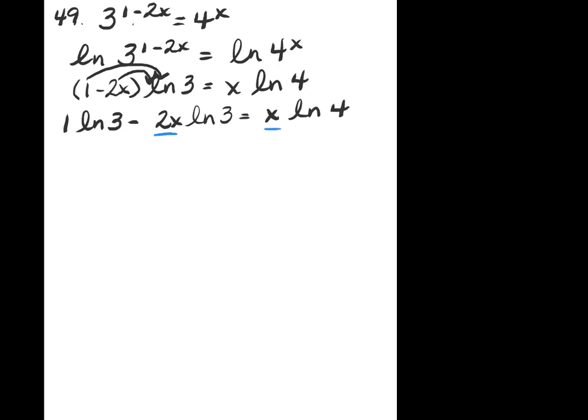So I need to make sure they're on the same side. I have this subtraction sign, so I'm going to add that whole term to the right. So the natural log of 3 equals x ln 4 plus 2x ln 3. And then I'm able to factor this x out. So there's an x in each term. I can factor it out.